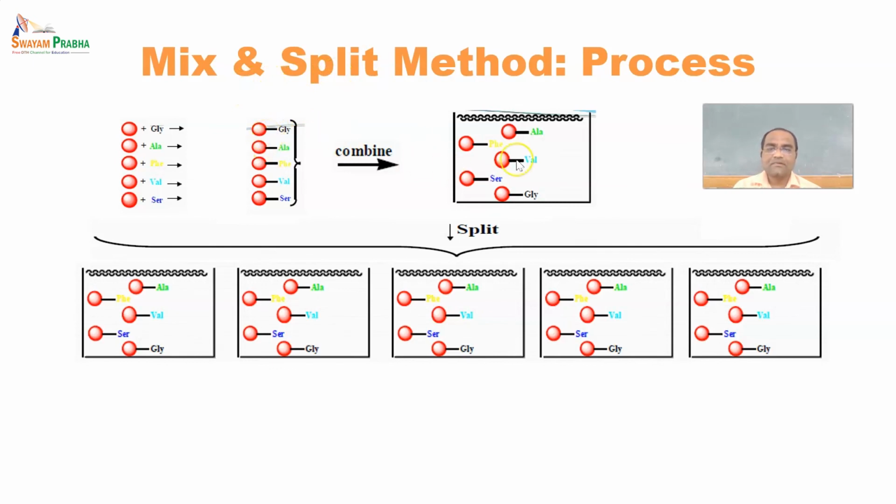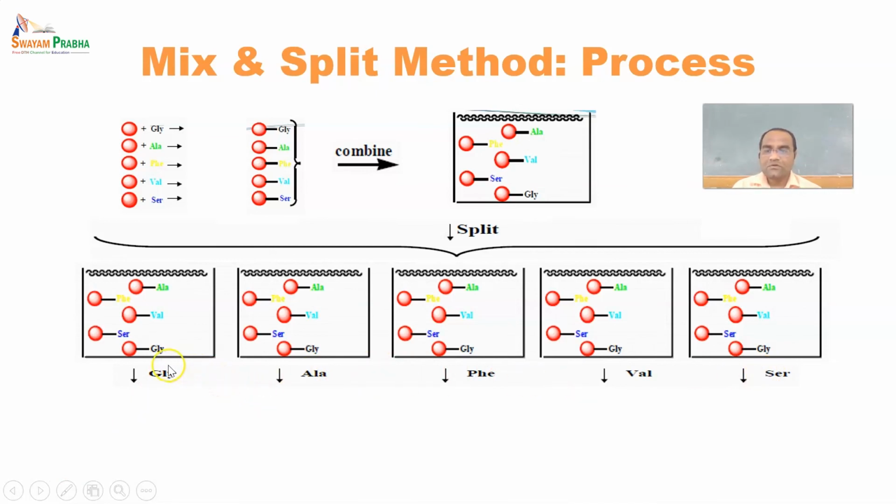Because here we are mixing, and once it has been mixed, every reaction vessel now has similar compounds. But after that, all the reaction vessels contain different types of amino acids which are reacted.